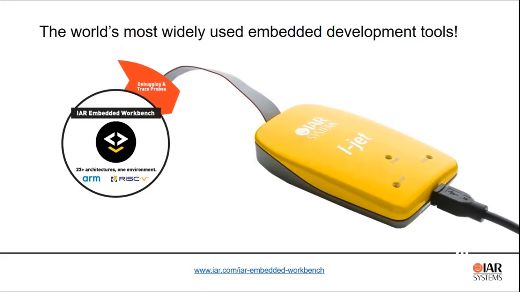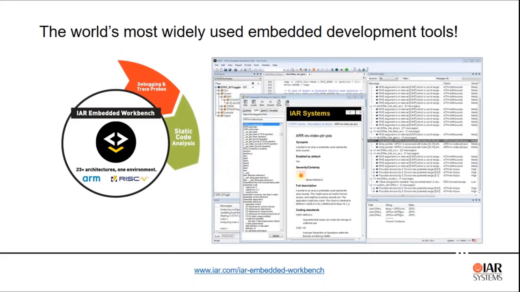It starts with debugging and trace probes. You need to have access to hardware to get your application running on target after all the testing and making sure everything works fine. On top of that, when we talk about debugging, we will explore that a bit more. The simulator also makes a huge difference when you are doing testing. But also very important on a day-by-day basis, you need to make sure about the code quality in your application.